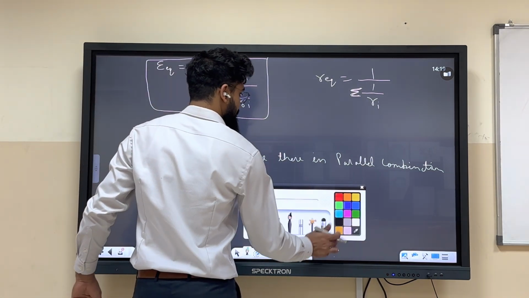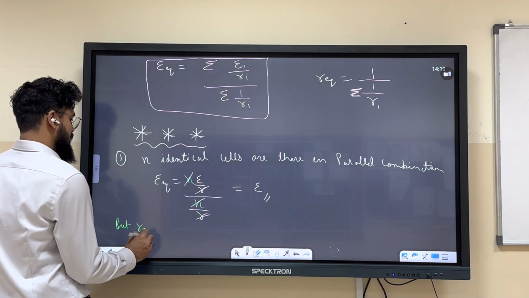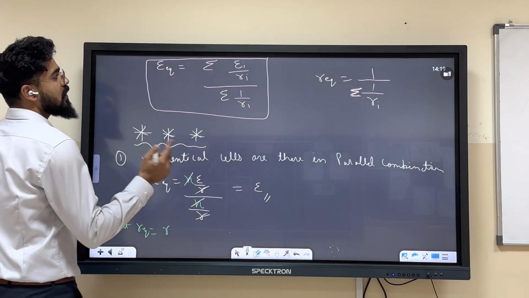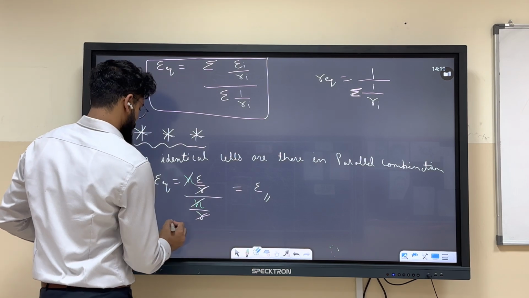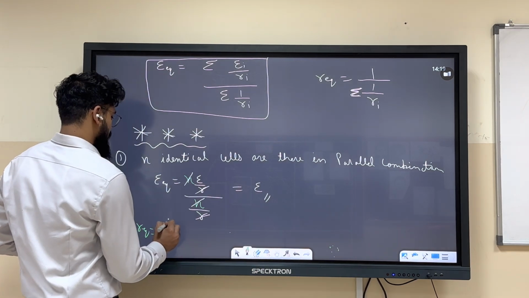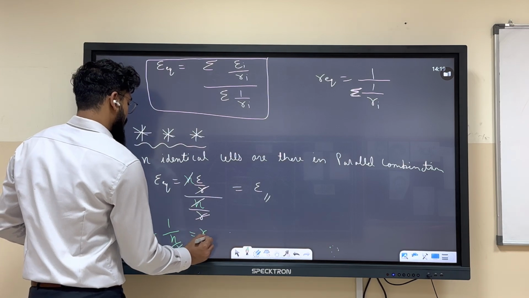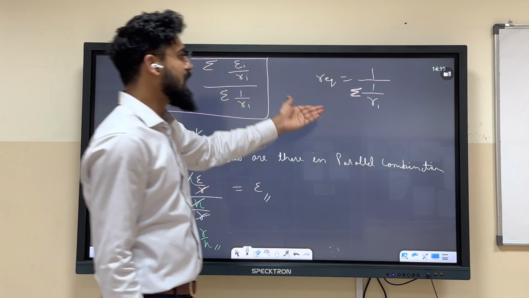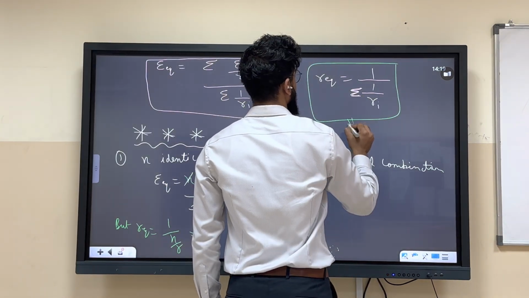But R equivalent, what will you get? 1 upon this thing. So it will be 1 upon n by R, or R by n. Same thing as parallel. So remember it like this, that this is the same thing as parallel combination.